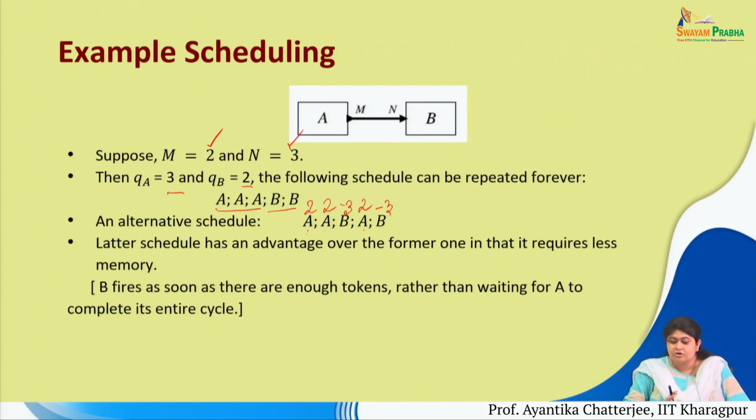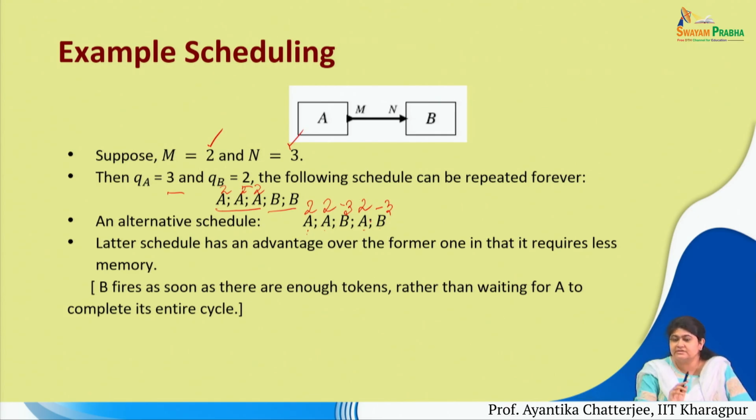Okay. So, that means if we compare the first and the second scheduling, for the first one we need to store 2, then 2, then 2, total 6. At least we have to keep the buffer length in such a way that it can hold at least 6 tokens at a time.